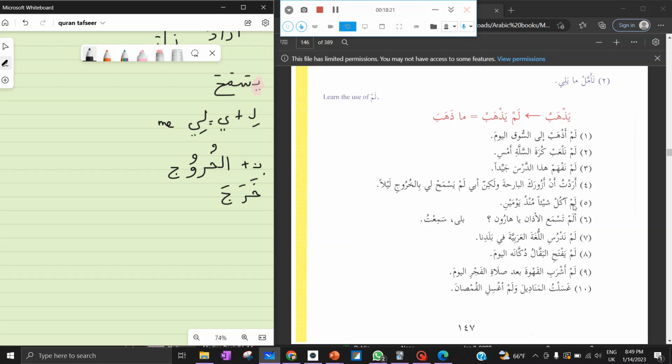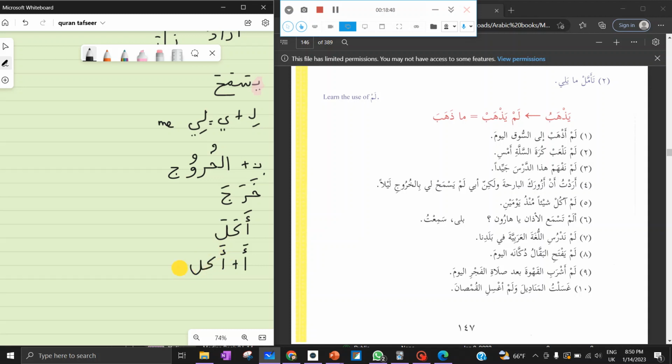Lam akul. What is the structure of this verb akul? Now akul comes from the past tense akala. Akala means he ate. And when I want to make it a present tense, I will put harf anaitu hamza plus there is this hamza in this past tense. When two hamza comes, what happens?